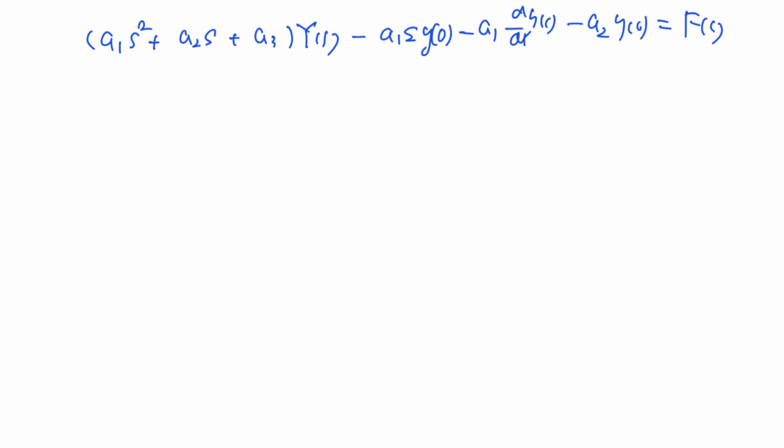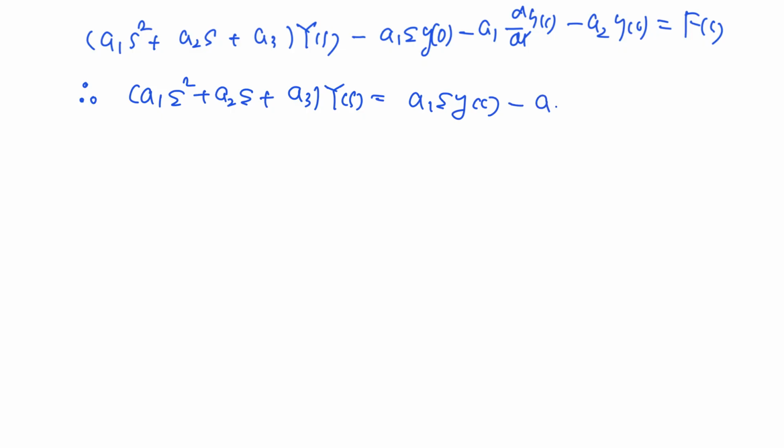So therefore, (a1 s squared plus a2 s plus a3) y of s is equal to a1 s y of 0 plus a1 dt dy of 0 plus a2 y of 0 plus f of s.